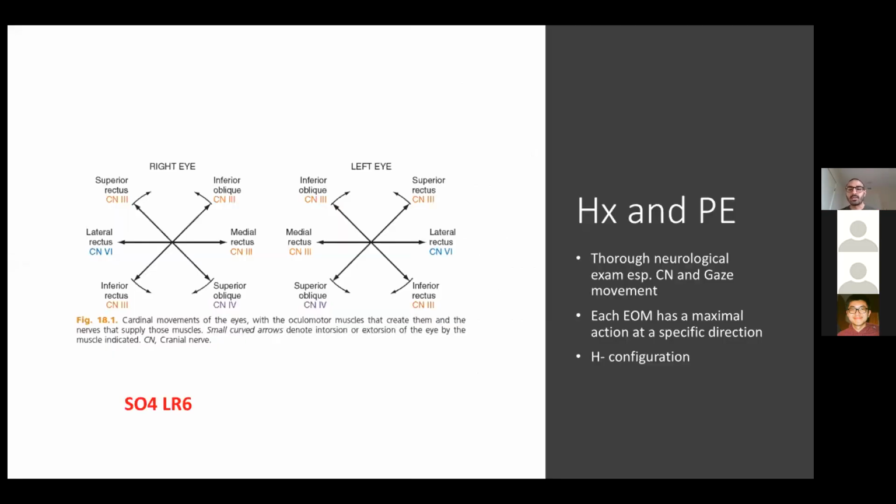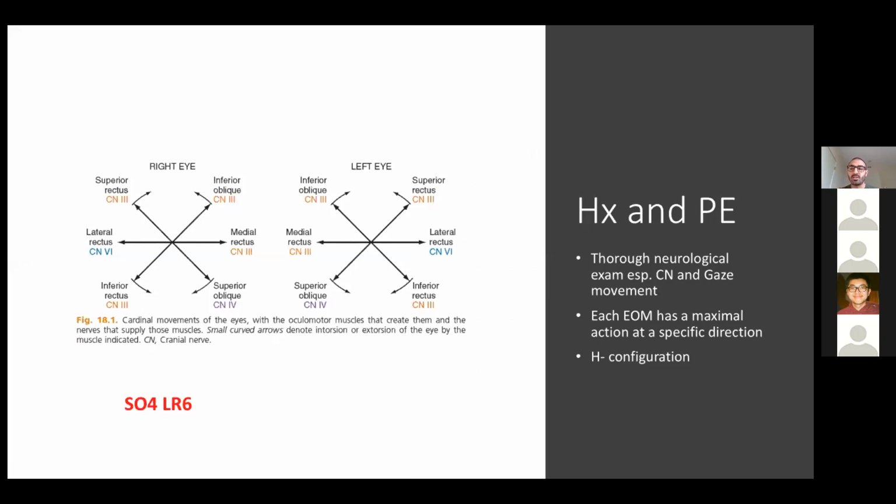Speaking of the physical exam, it's very important to do a thorough neurological exam, especially cranial nerves and gaze movement. This is from Rosen here. As you can see, this picture is about extraocular movement. All of us are familiar with it, but it's important to keep in mind that each muscle can usually have more than one action.